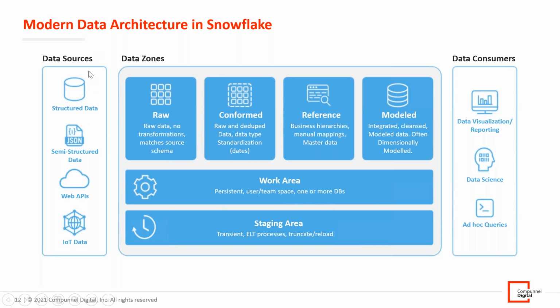Okay, so if you look at these data sources: structured, unstructured, semi-structured, web applications data, web APIs data, IoT data, anything can be fetched. And once you load the data into Snowflake, we can segregate it into data zones. For example, raw data, conformed dimensions like master data dimension, referential data, and then model data like integrated, cleansed, and model data.